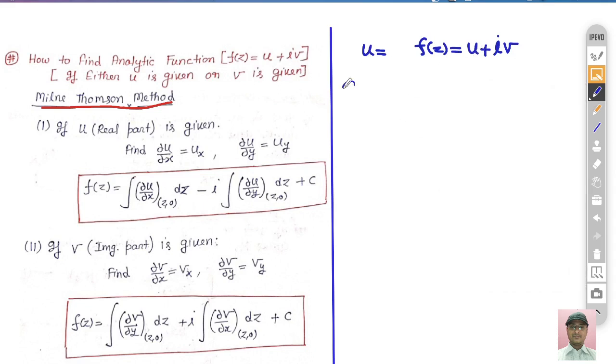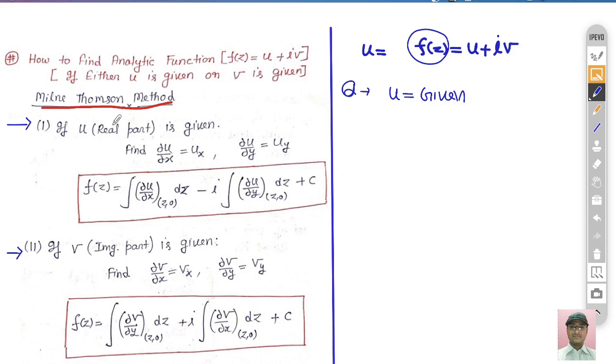Let's suppose in your question only this real part is given, that is u is given, right? So how can you find out this complex function f(z)? If u is given, meaning only the real part is given, or in a similar way, this is the first case if the real part is given, and this one is the second case where only the imaginary part is given.